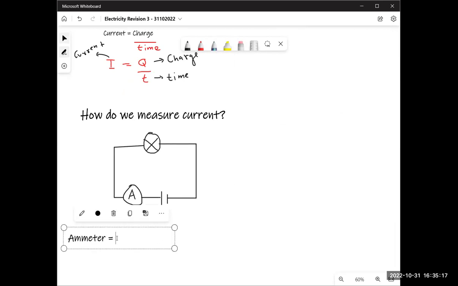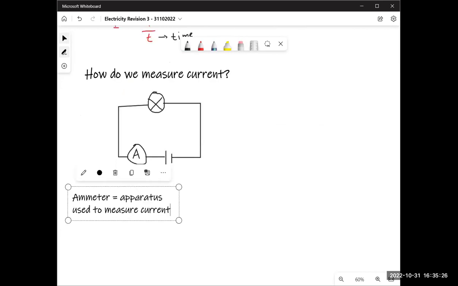Ammeter is a device or apparatus used to measure current. Below it, write one more thing. Always connected in series.